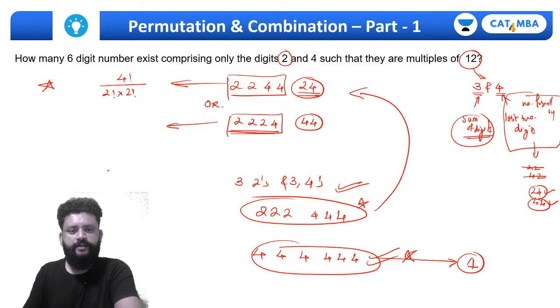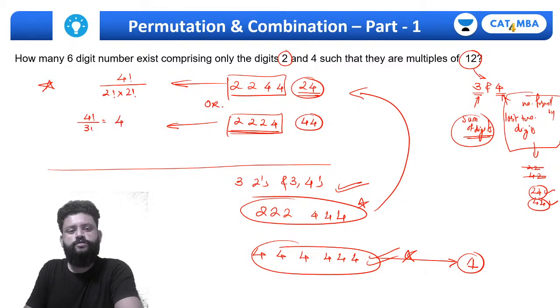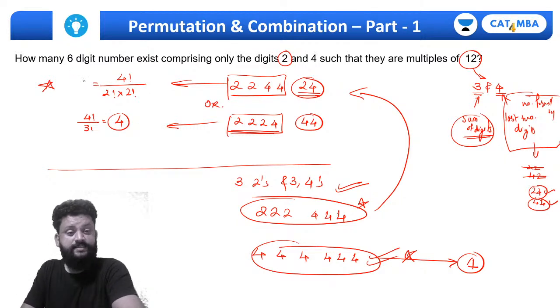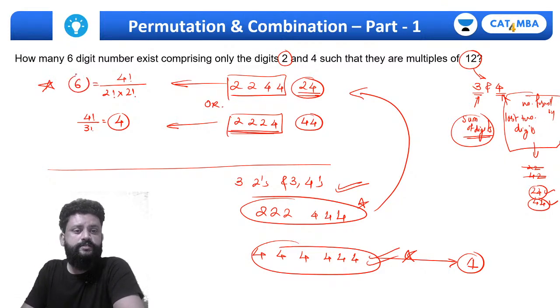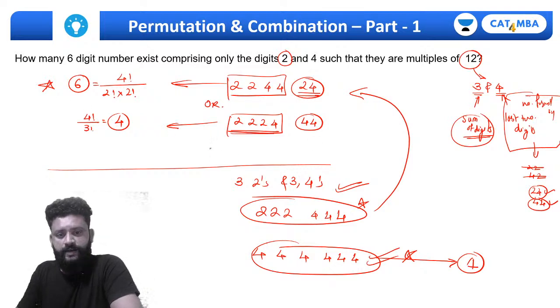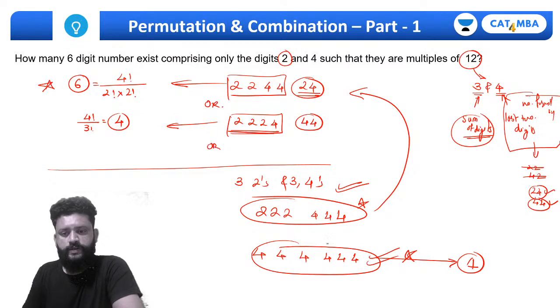I'm writing here the final answer. This will be 4 factorial divided by 3 factorial, comes out to be 4. This comes out to be 4 gets cancelled, 3 into 2, 6.